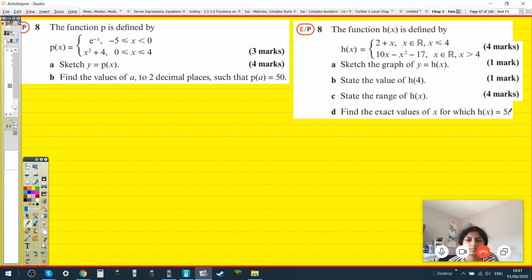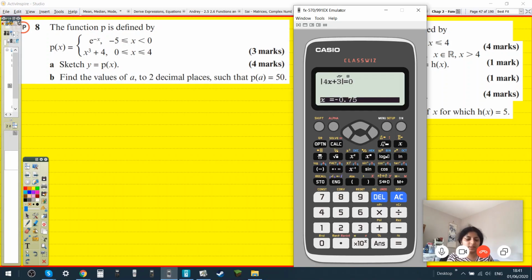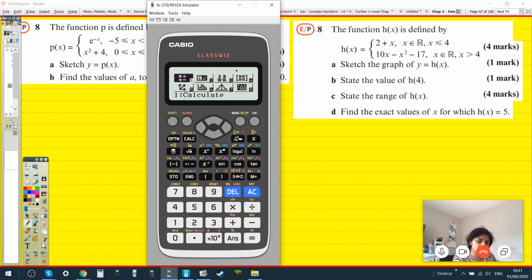Find the exact values of x for which h of x is equal to 5. So how would you do D for this one? You do 2 plus x is equal to 5, and then you solve. So x is equal to 3. And you do it for the other one as well: 10x minus x squared minus 17 is equal to 5.